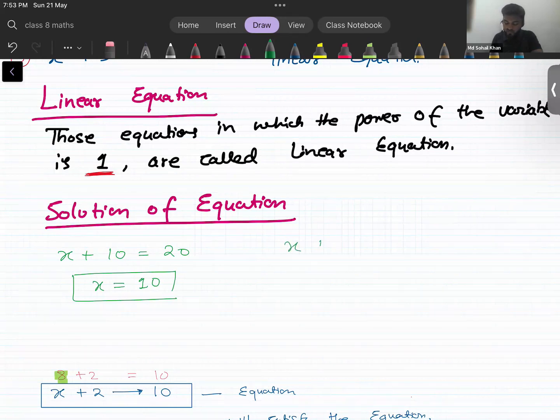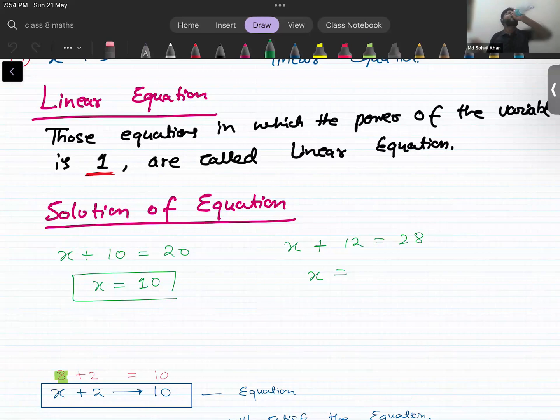If you are provided with another question, x plus 12 equals 28, what is the solution of the equation? Ahmed, there is some glitch in your mic.